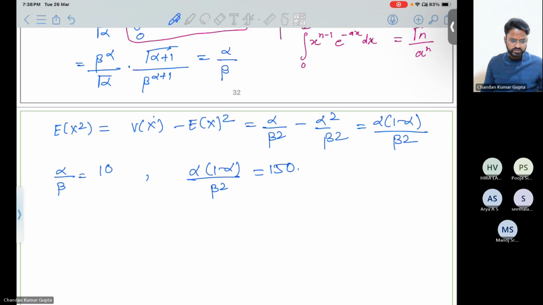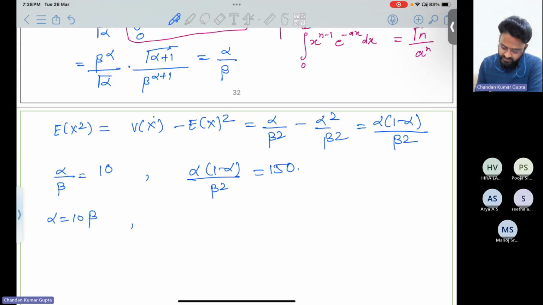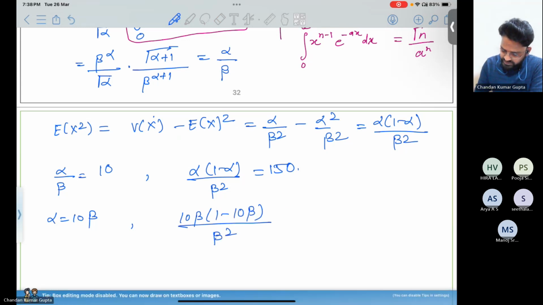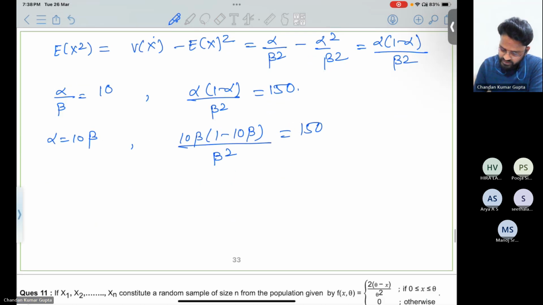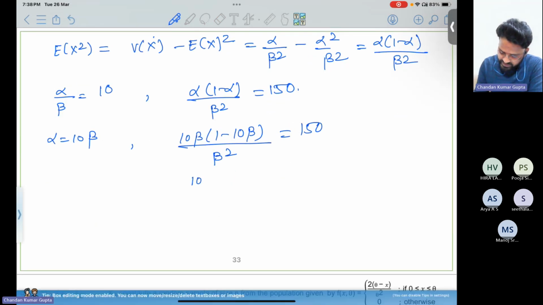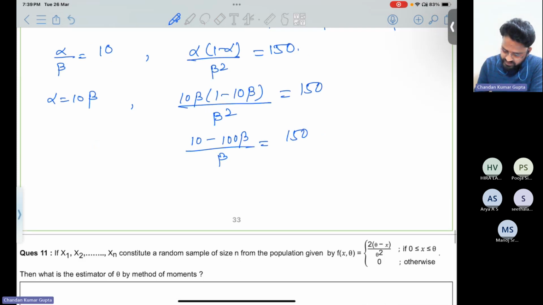From here, alpha equal to 10 beta, and we will use it: 10 beta times 1 plus 10 beta upon beta square is equal to 150. From here, 10 plus 100 beta upon beta equal to 150. From here, 10 plus 100 beta equal to 150 beta.